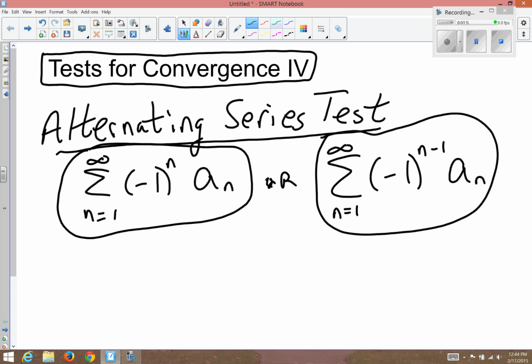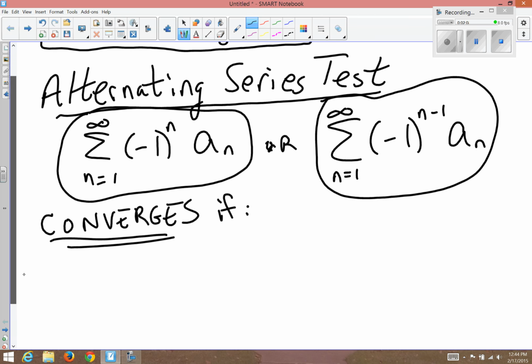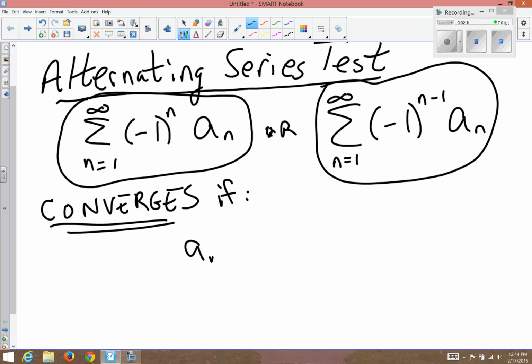An alternating series converges if a sub n is greater than or equal to a sub n plus 1. And by a sub n, we mean just this part of the nth term, not counting the -1 with the exponent.